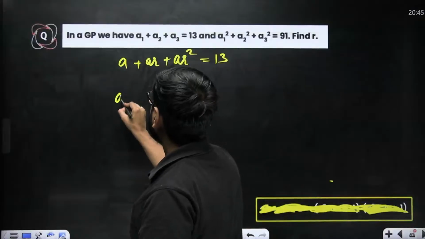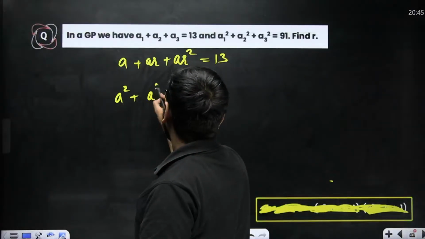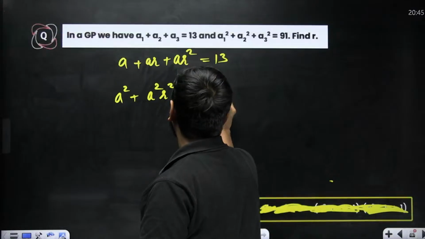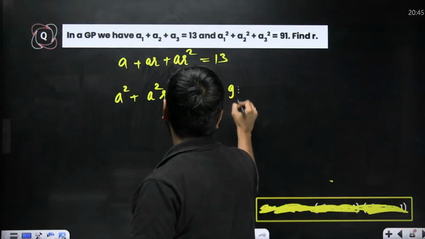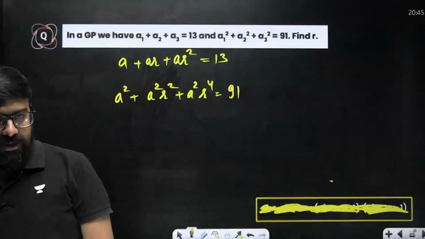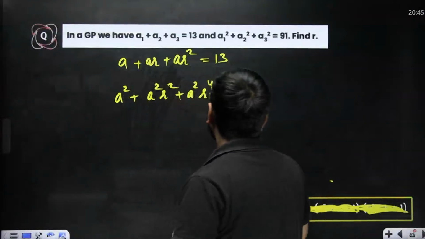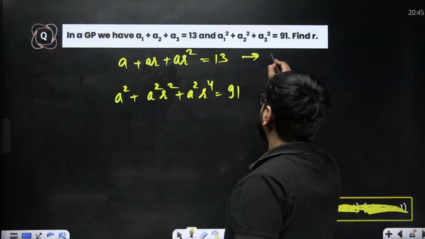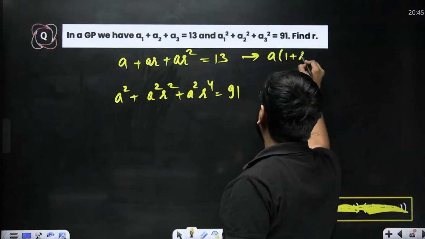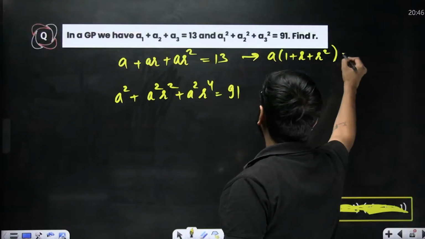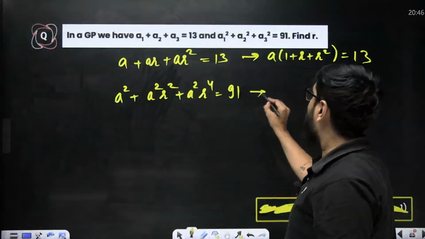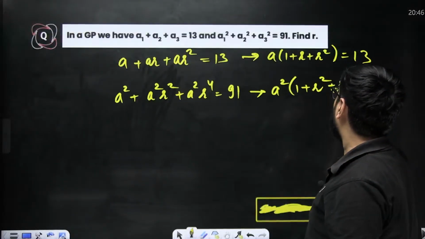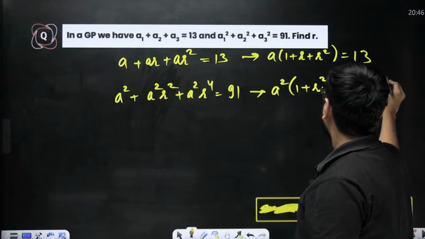A1 square, that means A square plus A square R square plus A square R to the power 4 is equal to 91. This is what is given to me. So I can take A common from here: 1 plus R plus R square is equal to 13, and from here A square common: 1 plus R square plus R to the power 4 is equal to 91.